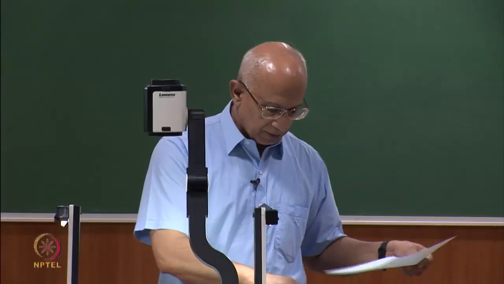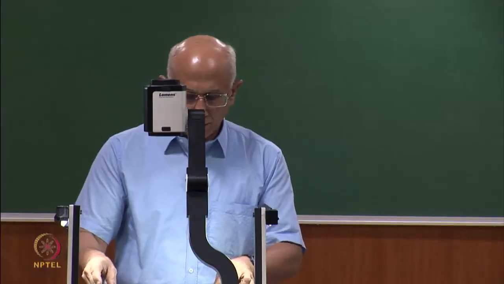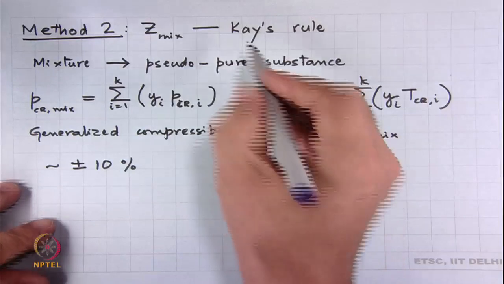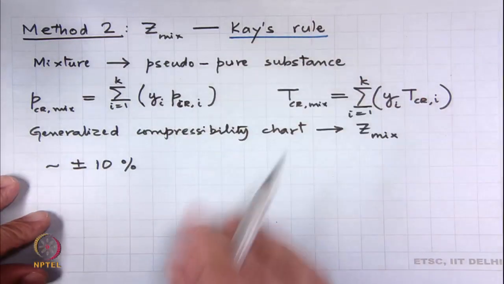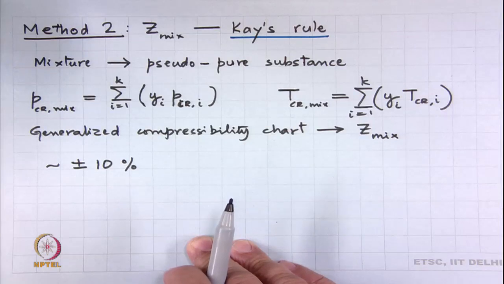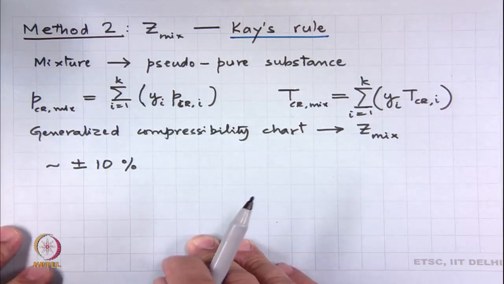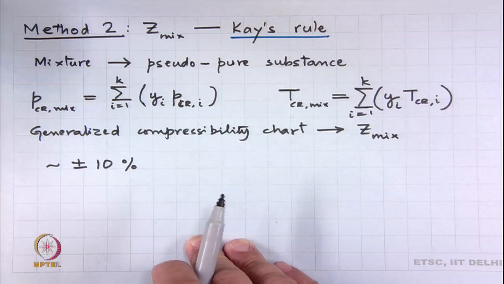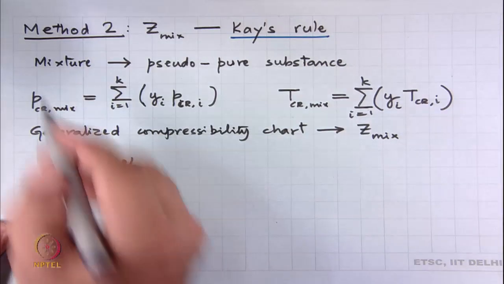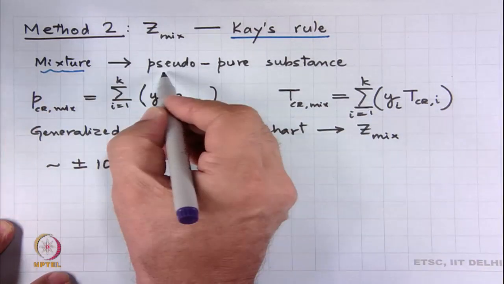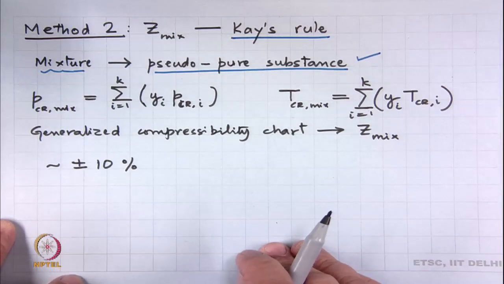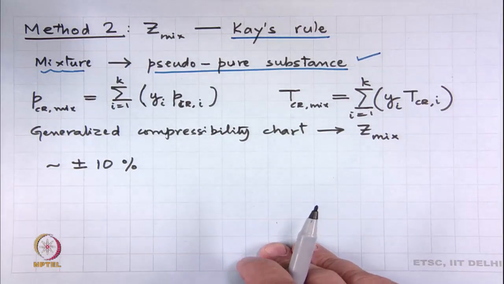In the second method, we do something else, which is we invoke what is called Kay's rule. And here there is a fundamental difference from the first method that we just saw, in that we treat the mixture as a pseudo pure substance. What does it mean?